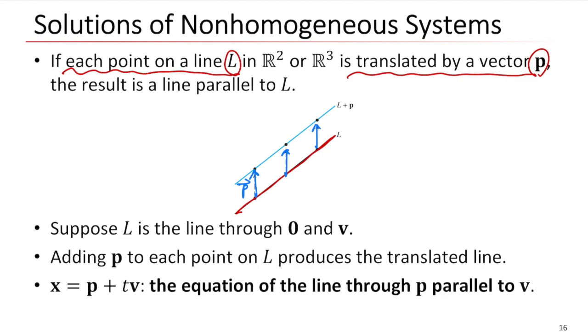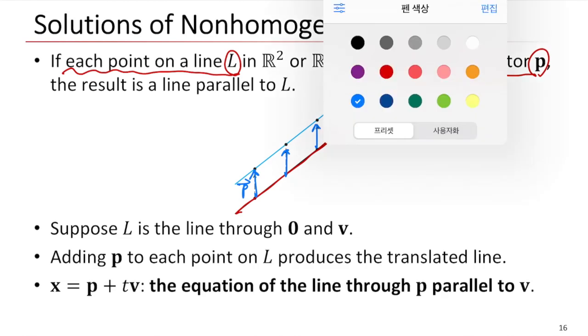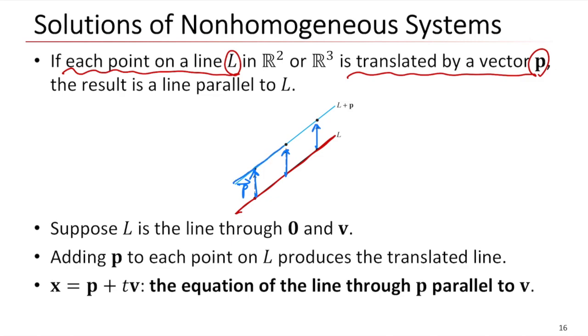Then the result is another line parallel to the original line L. So the original line moved to L plus p parallelly.